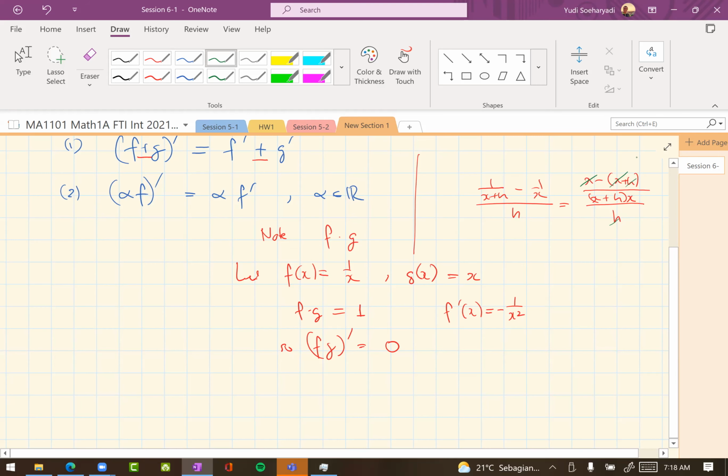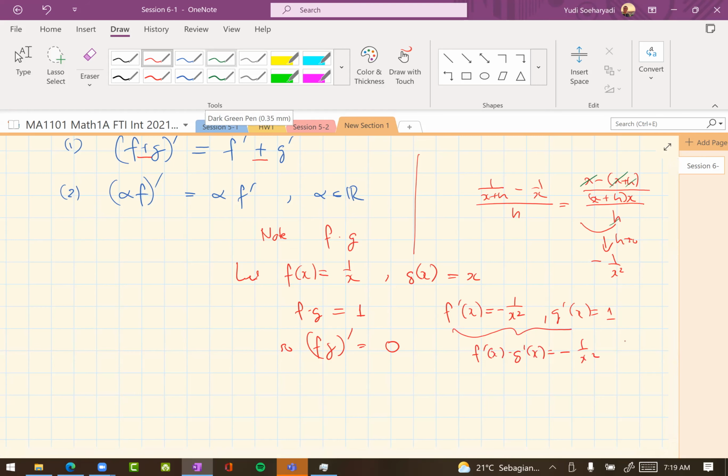As you take the limit, you just plug in h goes to 0. So what you get is minus 1 over x squared. And g is just the easier one, its derivative is 1. So if you multiply them out, what you get is just minus 1 over x squared. And the thing here is that they don't match.